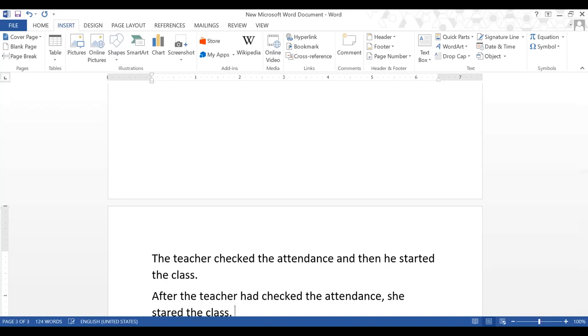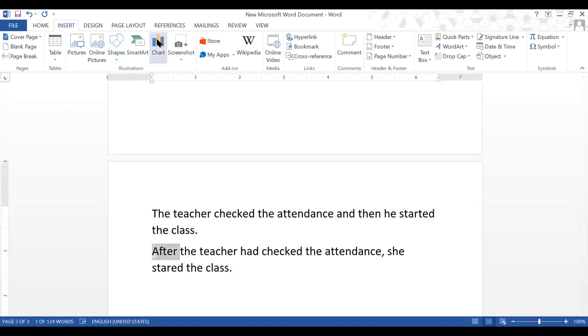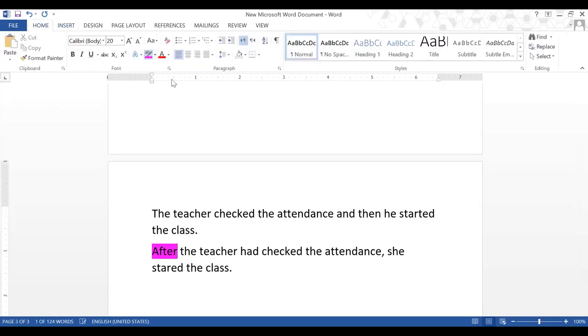As you can see here, we're using the word after, had plus past participle, then comma, then the simple past, started the class. Oh yeah, it's he, not she.